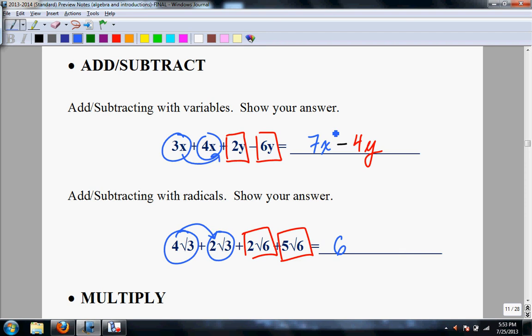It's not 7x squared, it's just 7x. So this is going to be 6 root 3. Then we have plus, that 2 plus 5 is 7 root 6. You don't mess with the radicals. The radicals function like variables there. That's for adding and subtracting radicals.